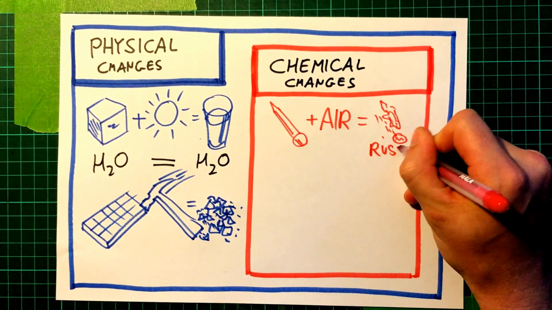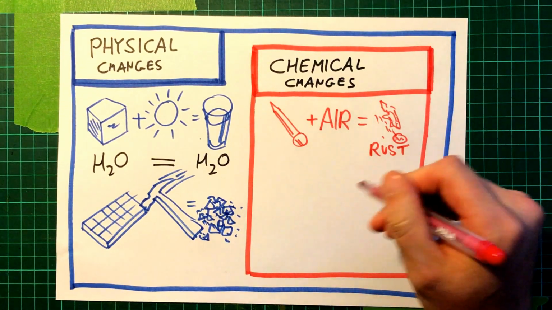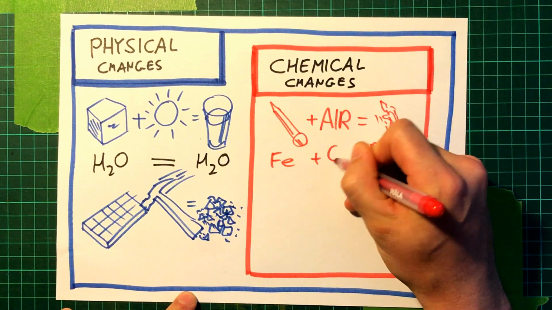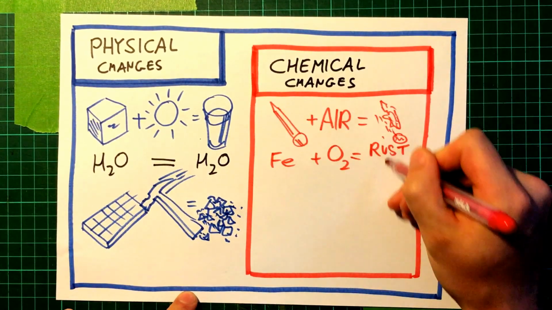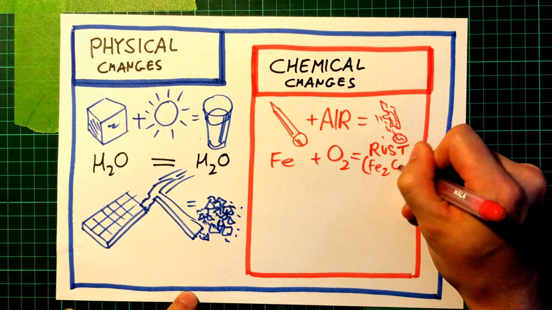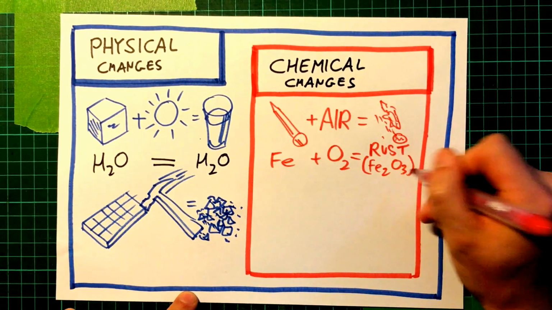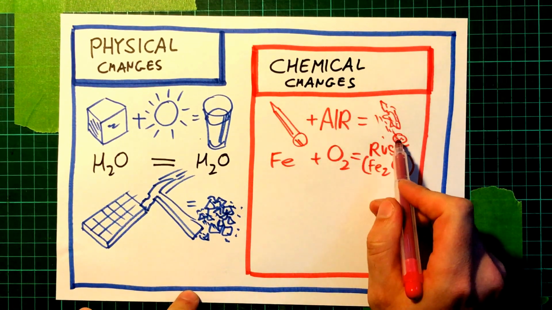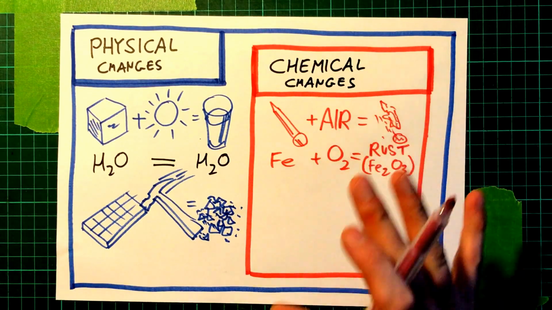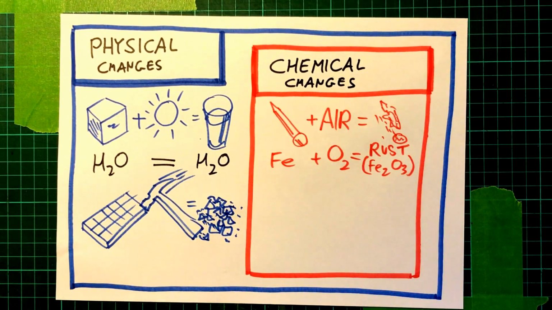Rust. Chemically, this is iron plus the oxygen in the air equals rust, which is Fe2O3. So, it is very difficult to turn rust back into a nail. Some chemical changes can be undone, but as a general rule, to help you work out whether you're looking at a chemical change or a physical change, chemical changes usually can't be undone.